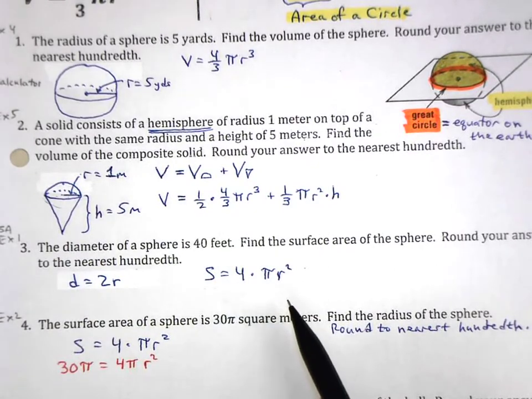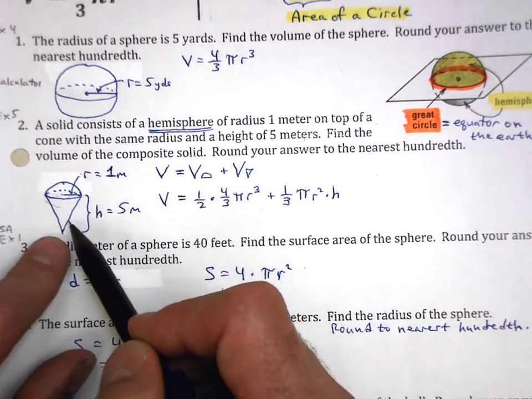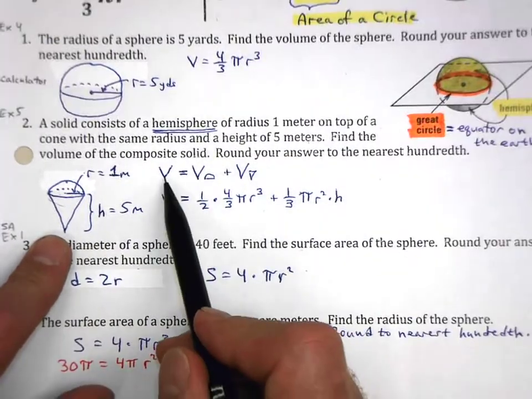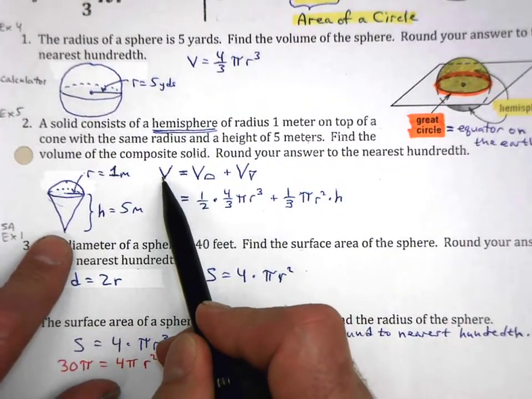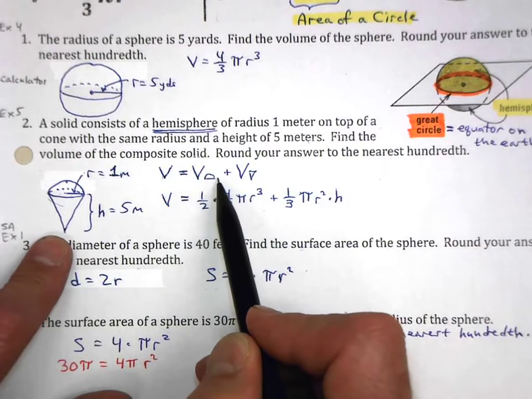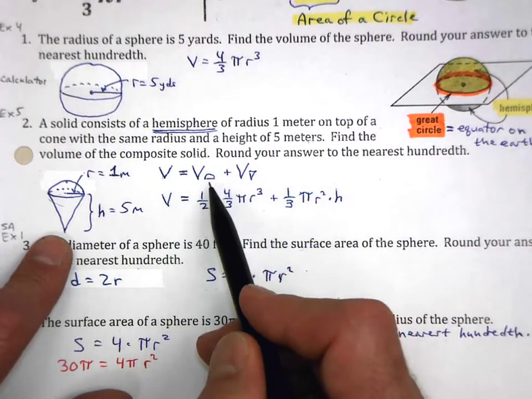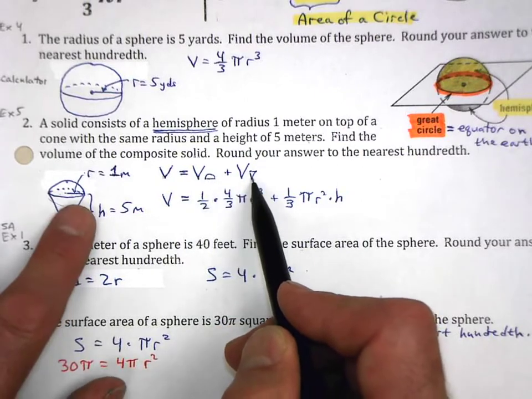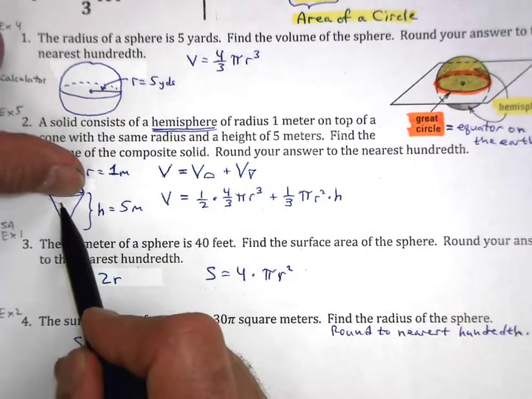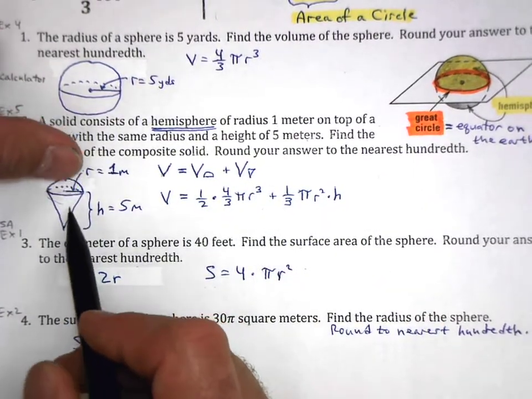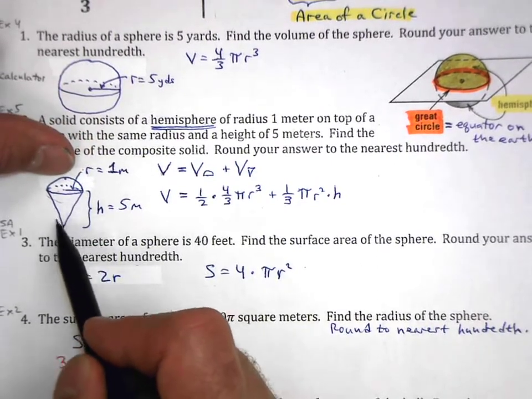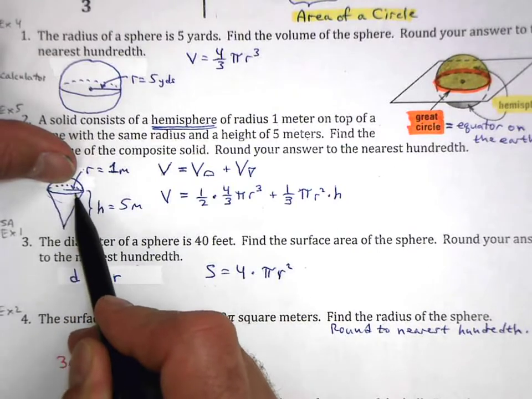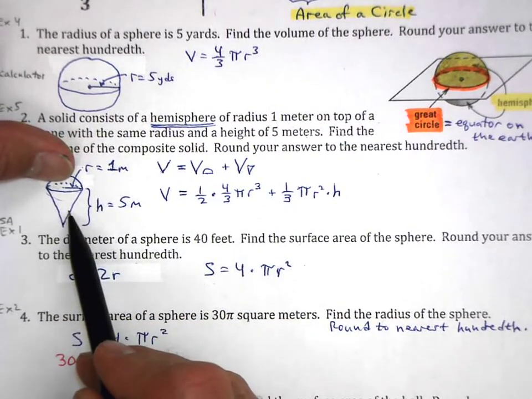And so in order to find the volume of this composite solid, the entire volume is going to equal the volume of the hemisphere plus the volume of the cone. Makes sense, doesn't it? We just break this up into 2 separate pieces, and let's find the volume of the hemisphere up on top here, and then let's add that to the volume of the cone.